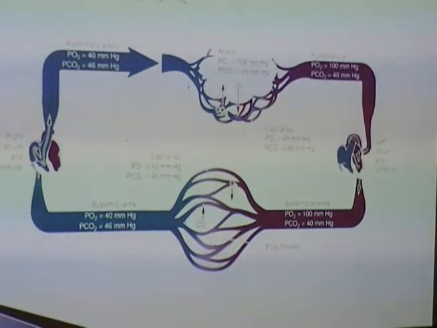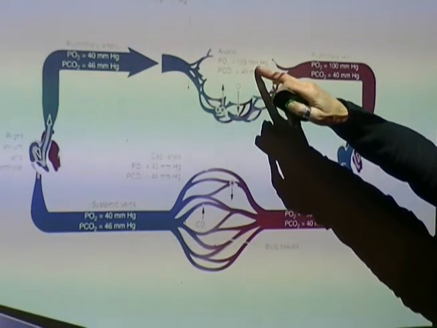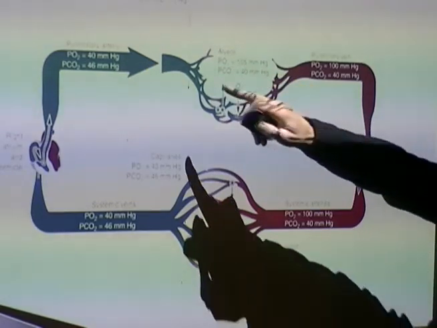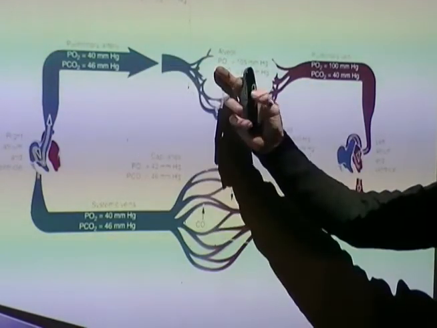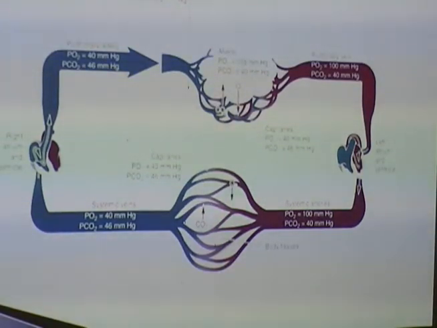So when we look at the partial pressure of oxygen in the venous blood coming into the lungs from the heart, it's only 40 millimeters of mercury. Well, it's 105 in the lungs, and it's 40 in the bloodstream coming to the lungs. So, which way is the oxygen moving?